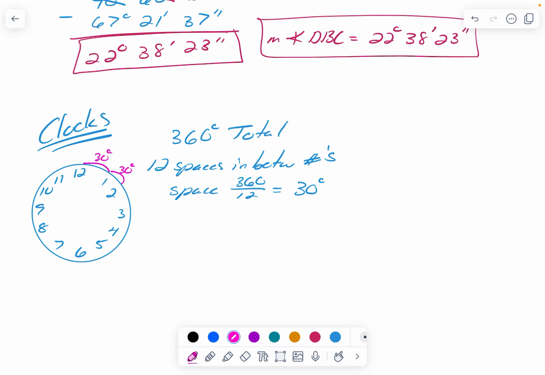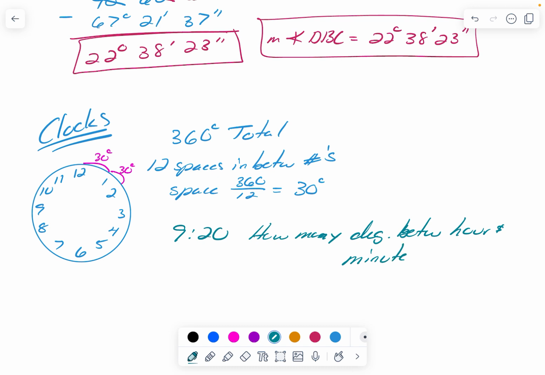So a question might be, given 9:20, how many degrees between the hour and minute hands?